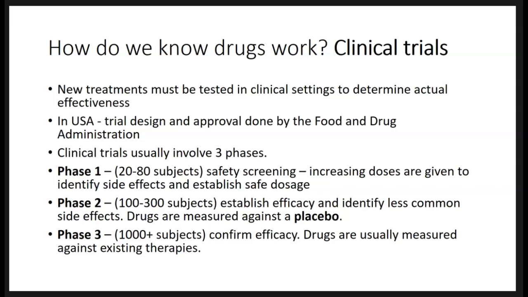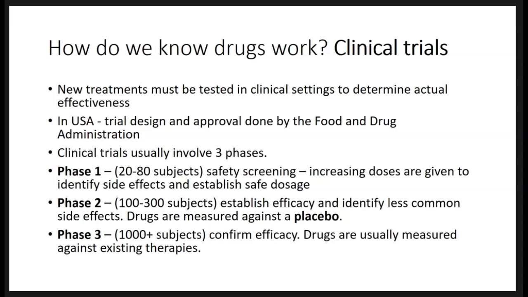So in order to develop new antibiotics, we need to have a way to test to see if those antibiotics work and if they are safe, free enough from side effects to implement in the clinic. So an important set of experiments that we do to test all new medications in the United States are clinical trials.